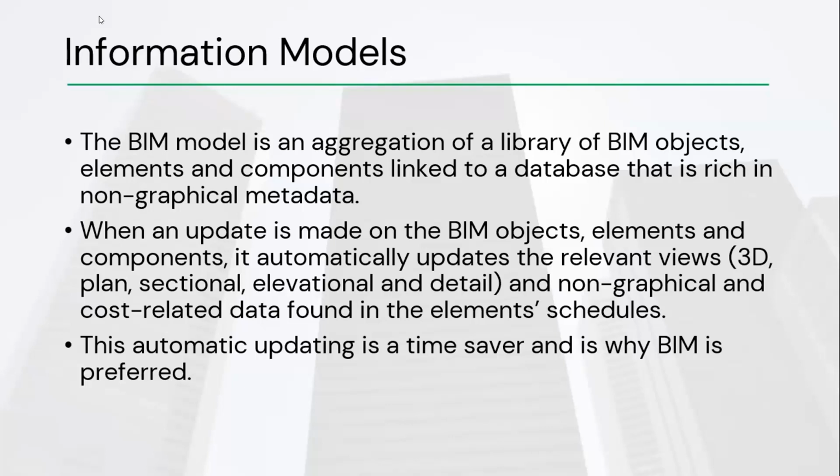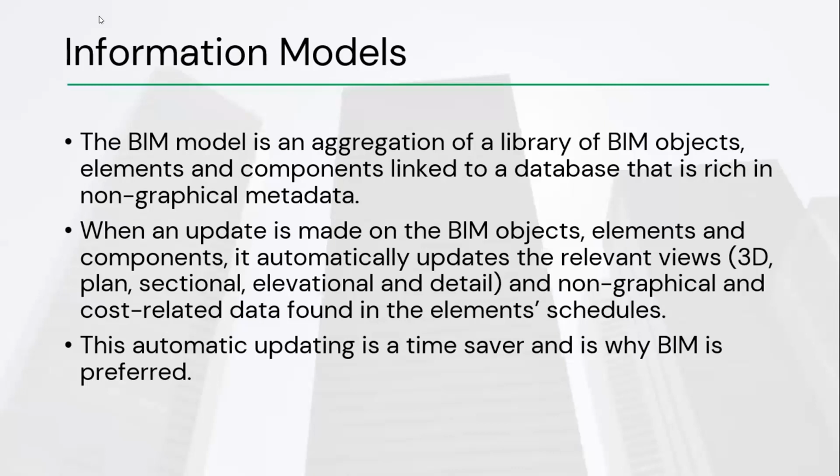Important to note about BIM is the automation part. The BIM objects, the elements, and the building components that form part of this model are used to represent, for example, a floor plan in 2D view, and the other relevant views such as the sectional, the elevational, and detail views.